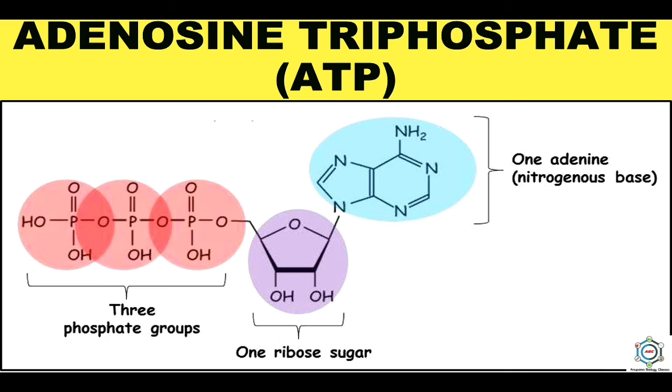High energy bonds are unstable and readily break down by the addition of water, releasing a correspondingly large amount of energy and freeing inorganic phosphate. The energy released by ATP is used by the cell in its chemical reactions and is called the biologically useful energy.